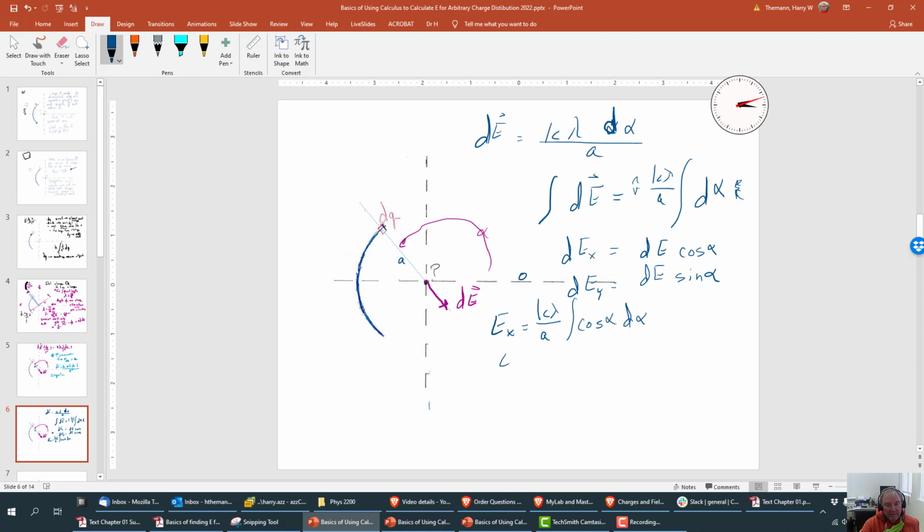So again, at the end of the day, these are pretty tame integrals, but you're generally given problems that have some symmetry. And now, okay, what about our limits? What are our limits? Let's take a look. We have to figure that out.